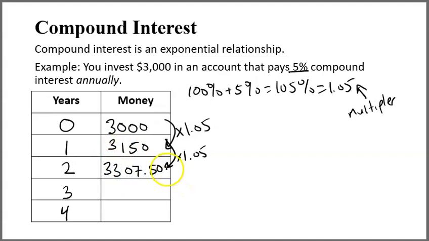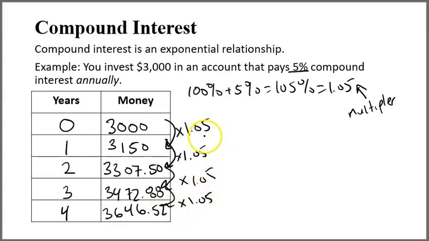So now I start getting change. I'm going to keep doing this. Now multiply that by 1.05 to get year 3, 3,472.88. Multiply that by 1.05 to get year 4.